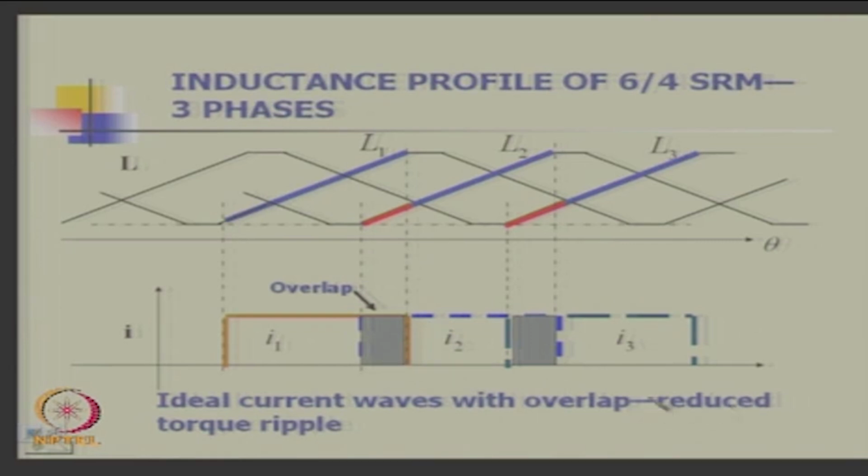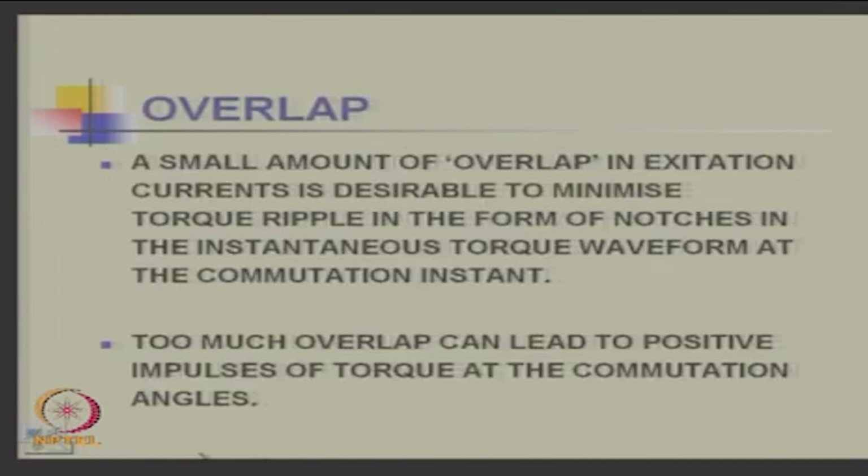So, there may be reduced torque ripples from this. Therefore, a small amount of overlap in excitation current is desirable to minimize torque ripples in the form of notches in the instantaneous torque waveform at commutation instant.